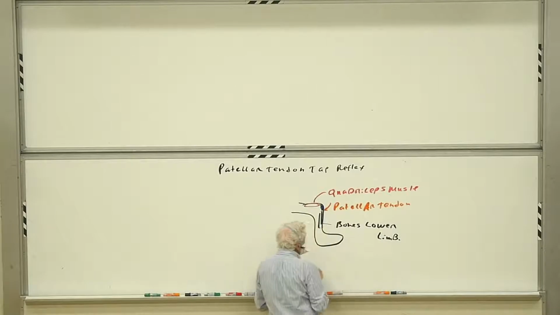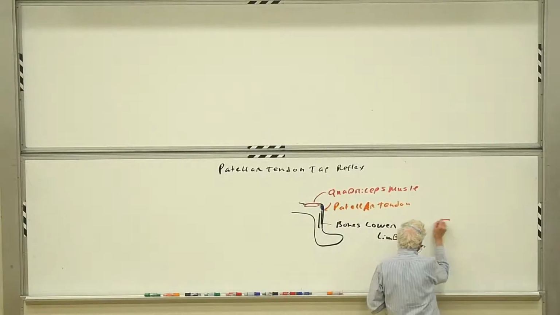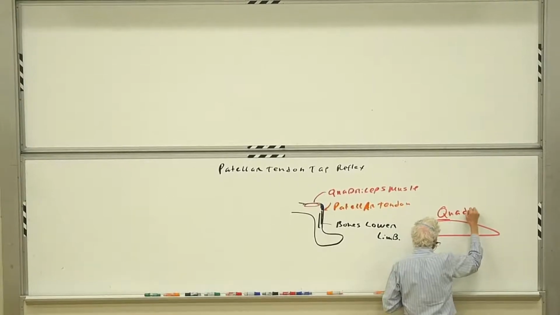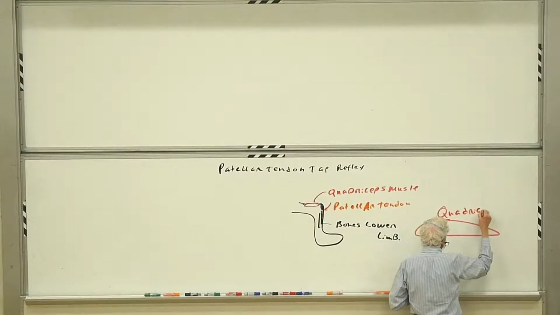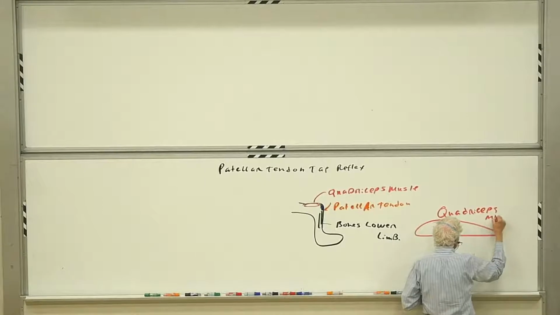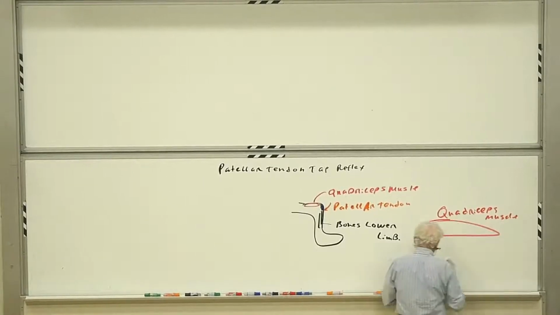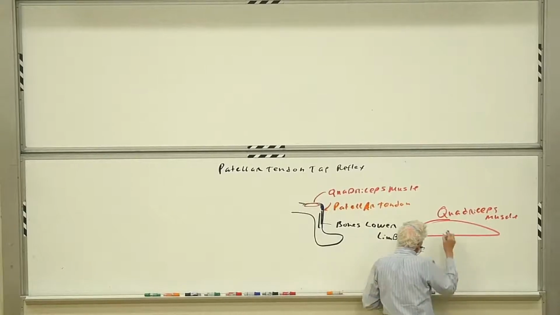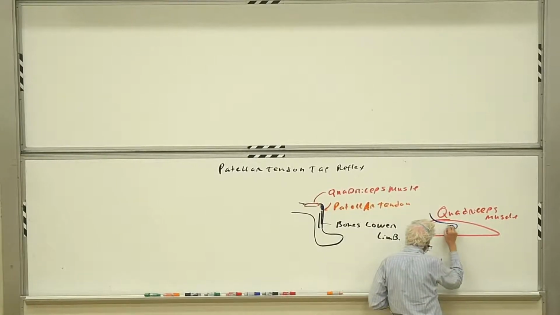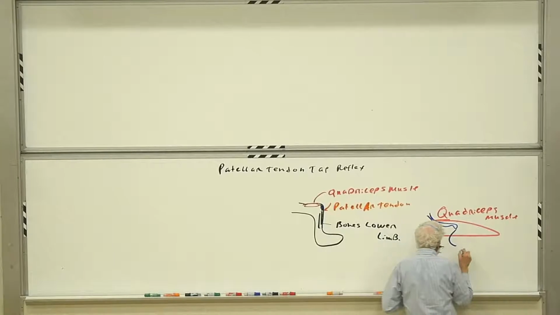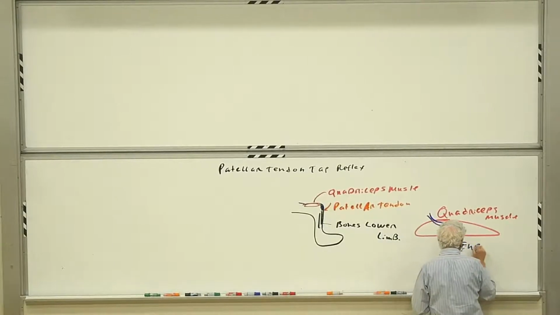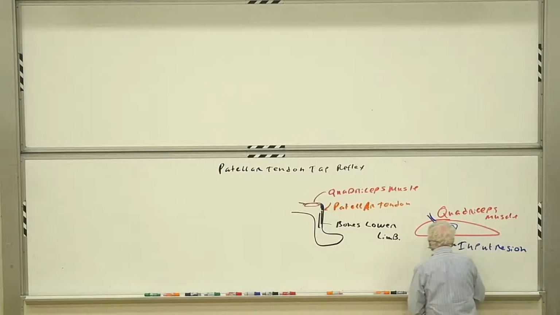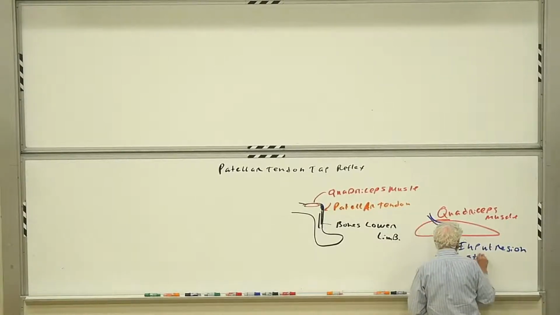Now, if we look more closely here at the muscle, so this is meant to represent the quadriceps muscle. Within the muscle, there are sensory nerve endings. So this is going to be the input region of a stretch receptor.